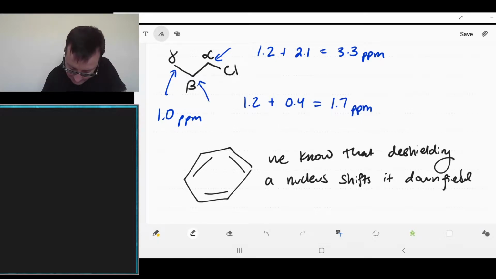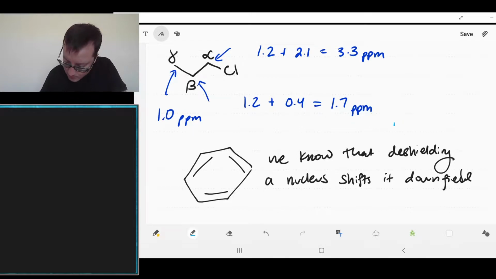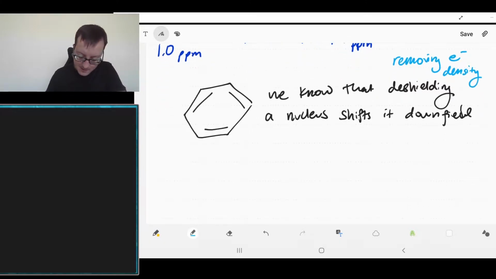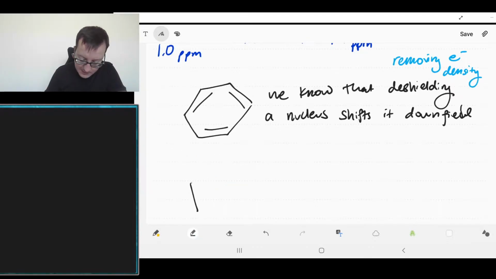And we know that deshielding means that we are removing electron density, whether that's by putting an electronegative atom next to it or a carbonyl, which has inductive effects that's going to withdraw electron density away. We know, though, that in benzene, those electrons are completely delocalized.